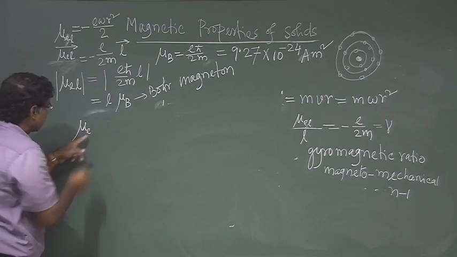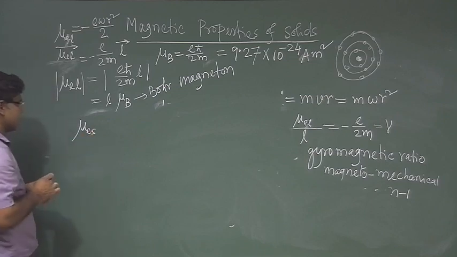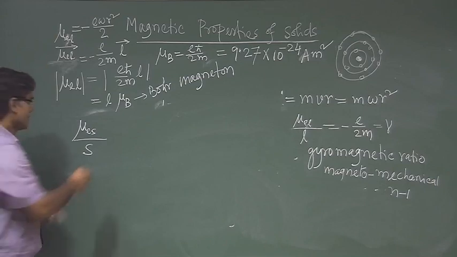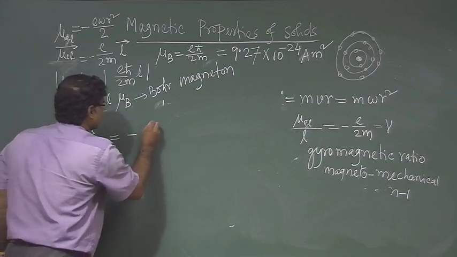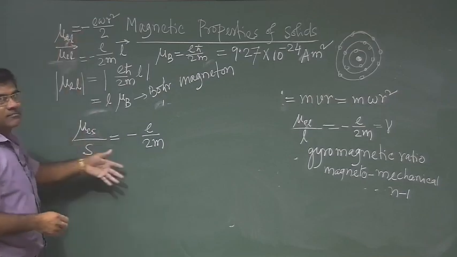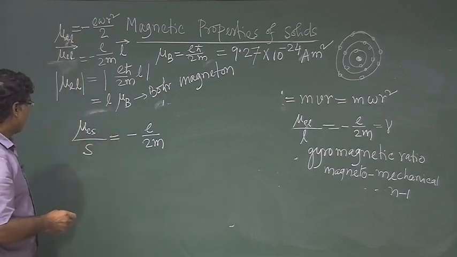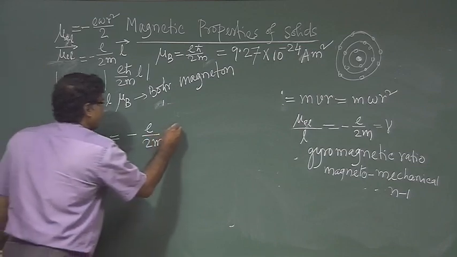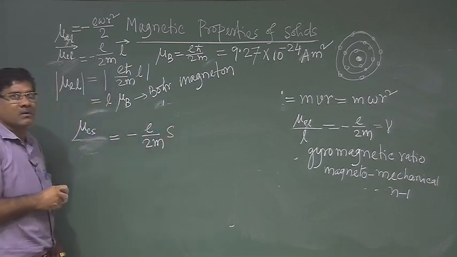The magnetic moment due to electron spin, mu_e_s, divided by s, is also minus e by 2m. It also follows the same relation.